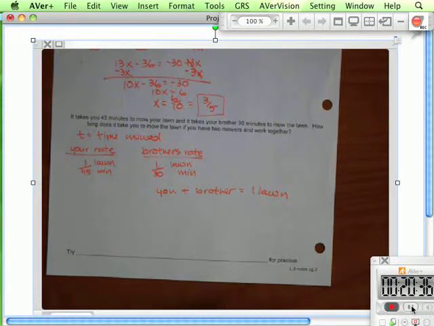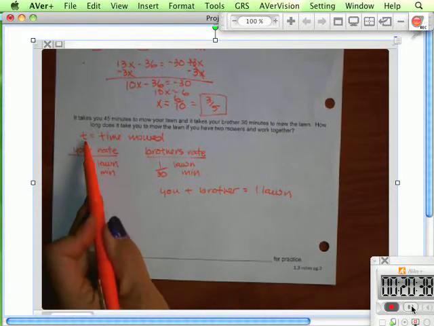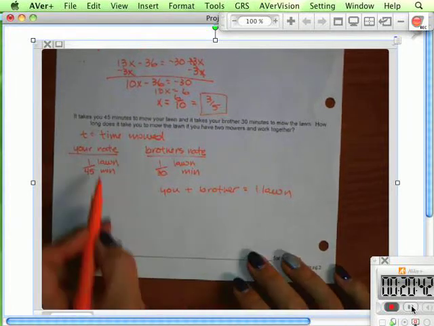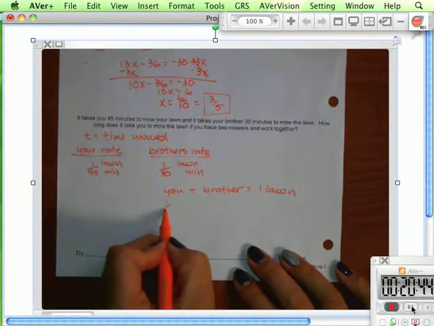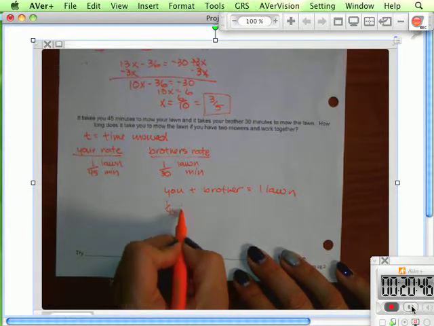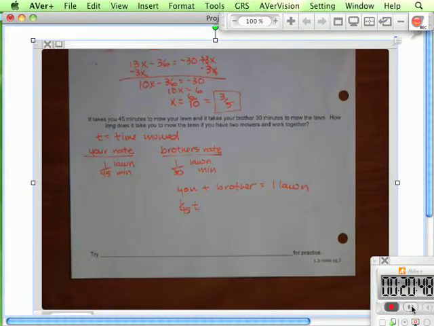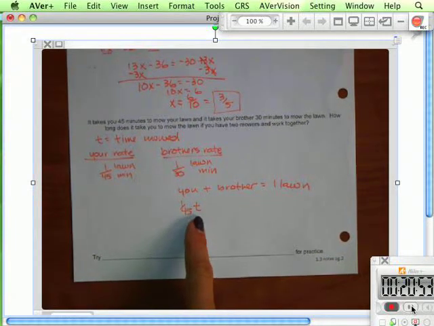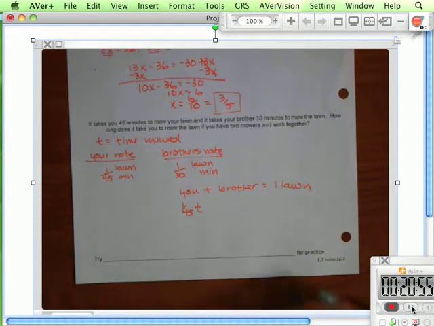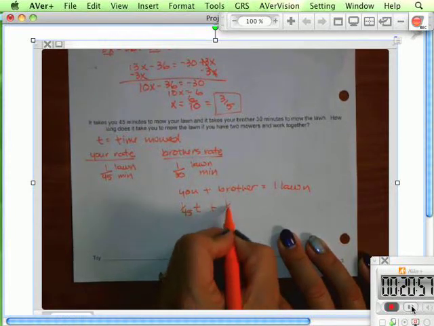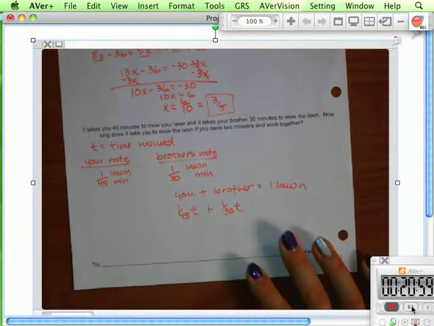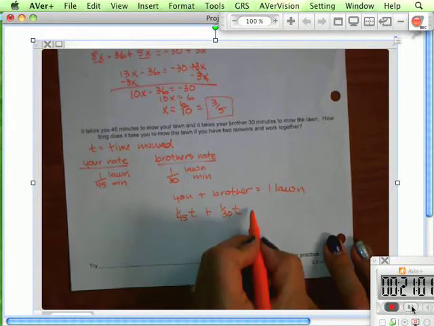So I got to use the rate and the time that they're mowing. I don't know how long it's going to take them to do the lawn. So I'm going to use your rate is 1 out of 45 minutes. This is my time for the 1 lawn, because this is how fast I go. Plus my brother's time for the 1 lawn together equals 1.